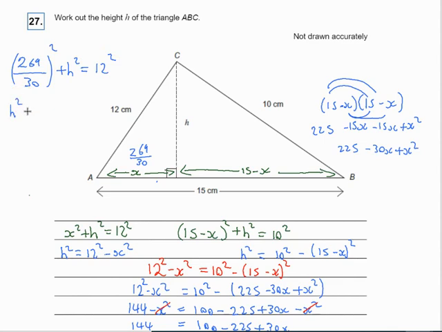So h squared, using Pythagoras' theorem again, is equal to 12 squared minus 269 over 30 squared. So therefore h is equal to the square root of that. And this can all be put into the calculator really conveniently. So I'm doing that now.